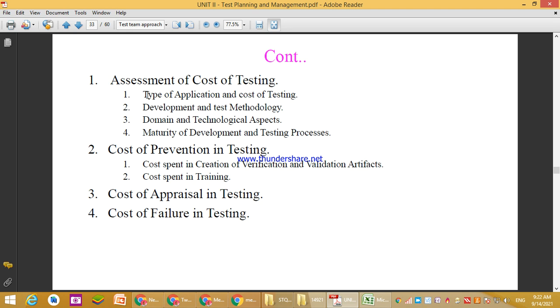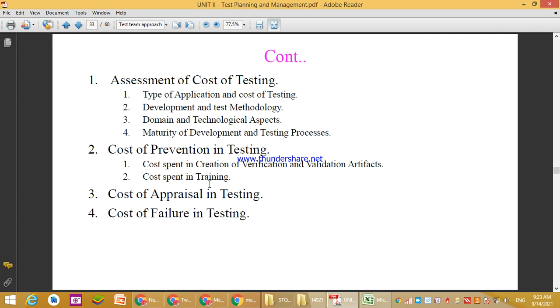testing. I have explained only one assessment criterion, so you can understand that this criterion for the assessment to decide the cost of testing is important. Then cost prevention in testing. 2 points are there. Cost spent in criteria of verification and validation artifacts.